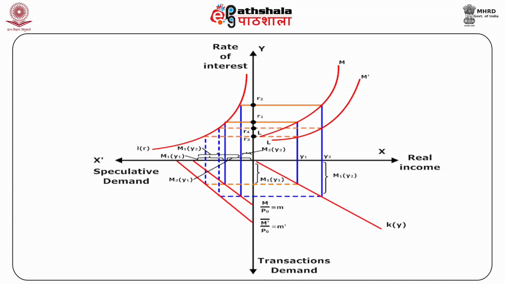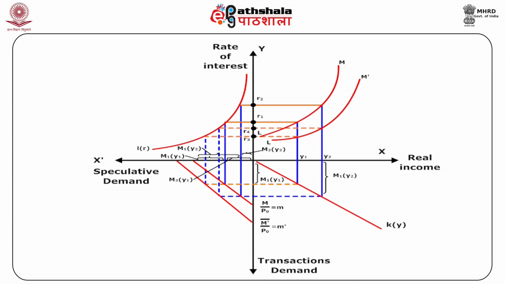We know that m1 plus m2 is equal to money demand, and when money demand is equal to money supply, there is equilibrium in the money market. Therefore, I repeat that with a given level of income y1, the m1 remains the same, but to fill the gap, that is the excess money supply that has come into the market, m2 has to grow.